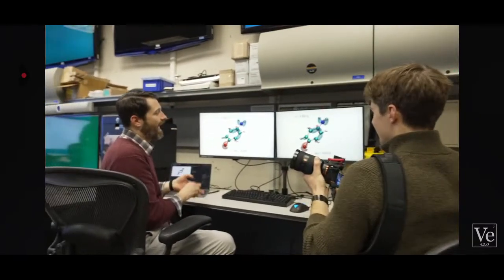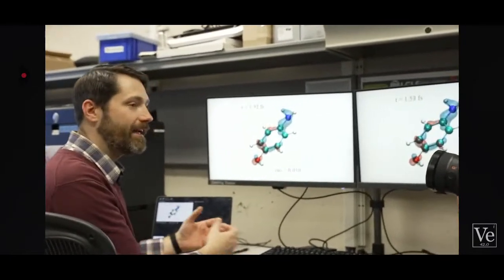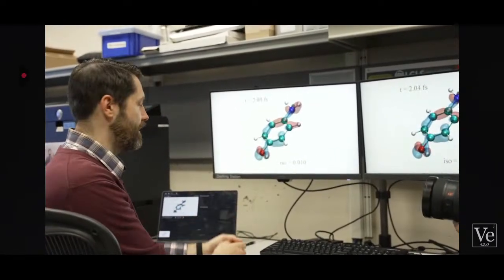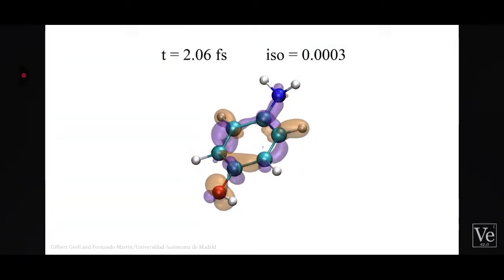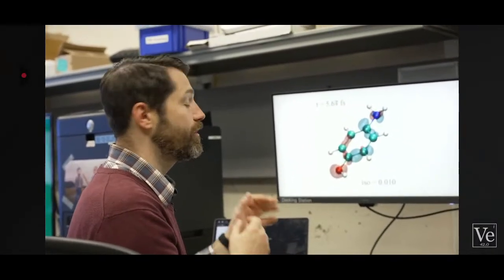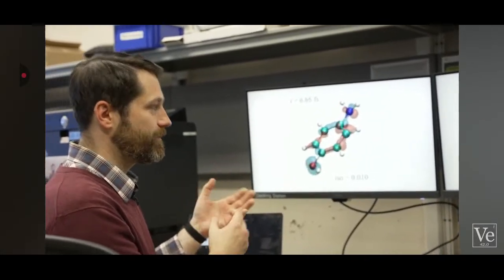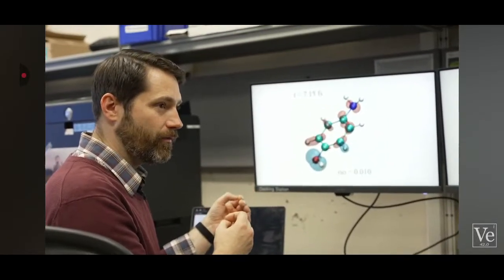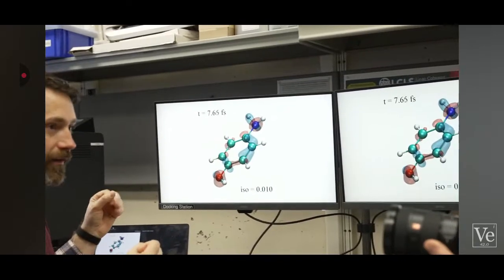So this is a movie of the dynamics that we might like to image. So this is a small molecular system. This is called para-aminophenol. This calculation was done by some of our collaborators in Madrid. They had calculated what is the response of this molecule to the removal of an electron.